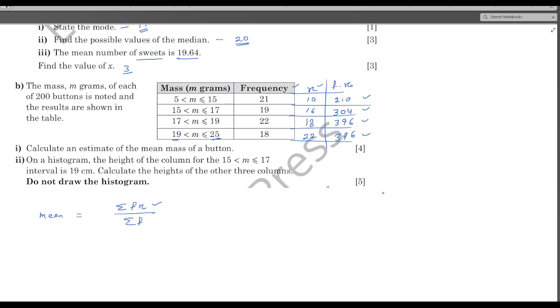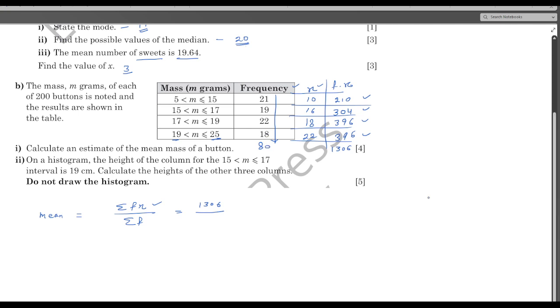The total we get is 1306. So your numerator is 1306 and your denominator is the sum of these frequencies: 21 plus 19 plus 22 plus 18. So your denominator is 80.